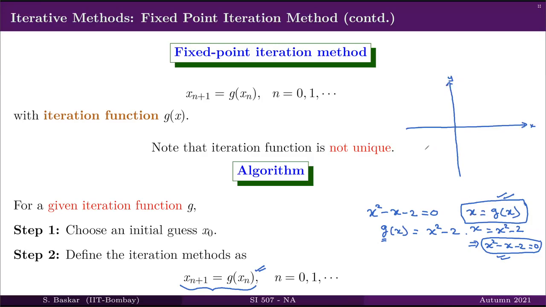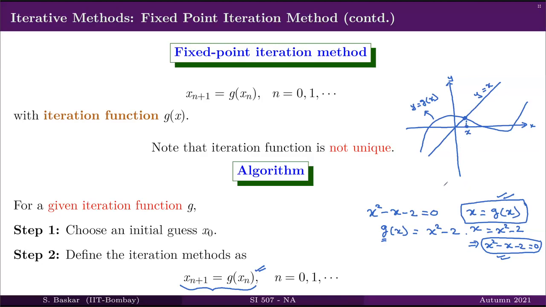That is, if your function g is represented by this graph y is equal to g of x, and we know that this line is nothing but y equal to x, then a fixed point of the function g is nothing but the point of intersection of the line y equal to x and the graph of the function y equal to g of x, right? So this is a fixed point of the function g.